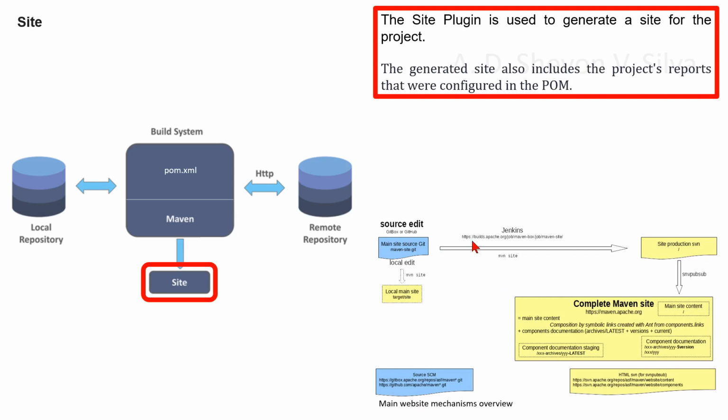Jenkins https://ci-builds.apache.org/job/maven/job/maven-site/ and Maven main site is passed from source edit, or main site source edit, source git to site production svn.